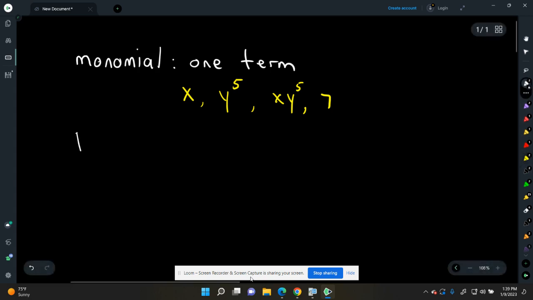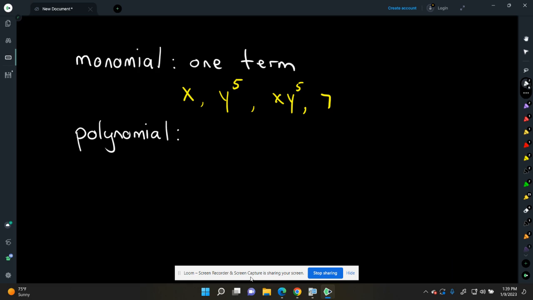As opposed to a polynomial, which has that prefix of poly. What does poly mean? It means many, right? So many terms, and in our case, it will be 2 or more.